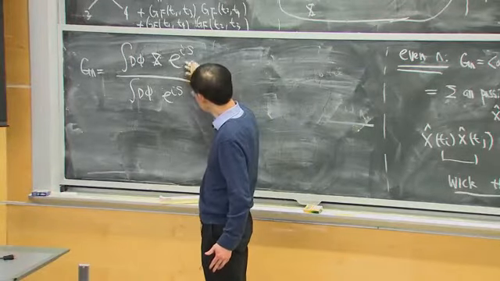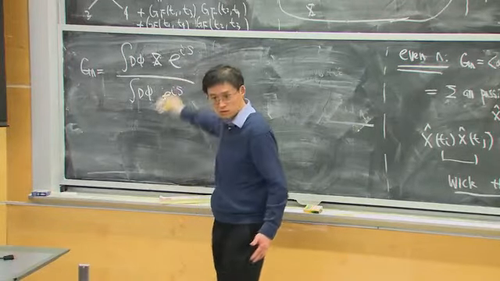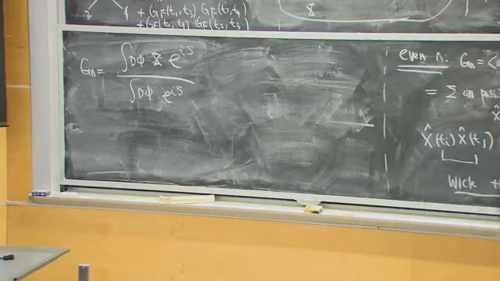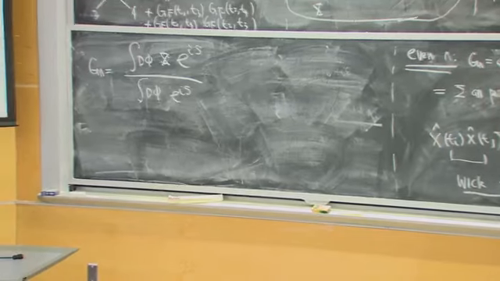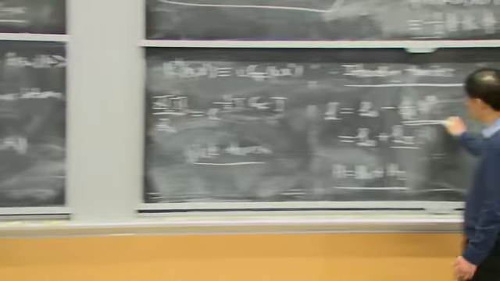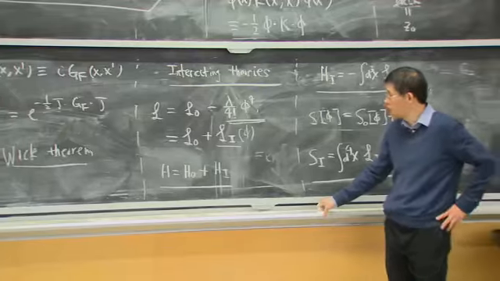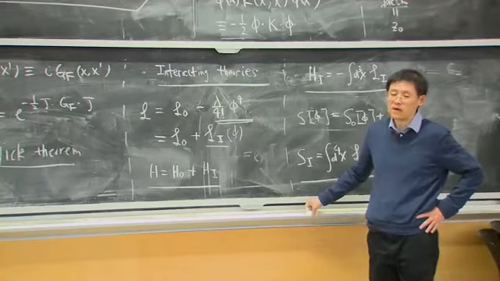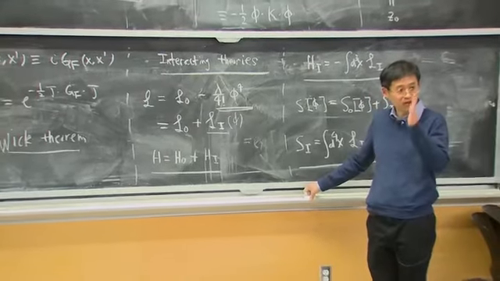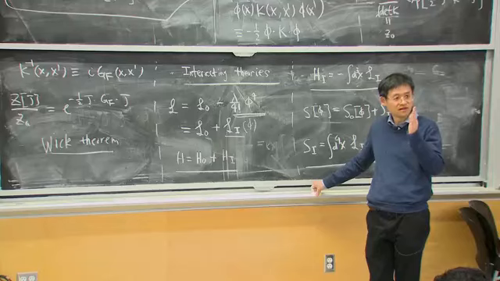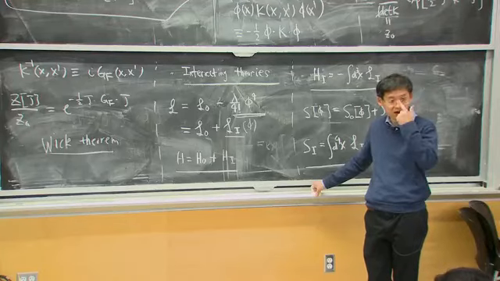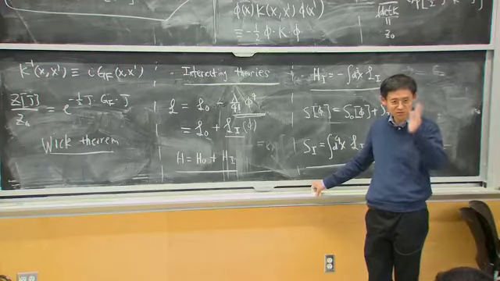These path integrals are not doable, because once you have these non-polynomial, non-quadratic terms, we don't know how to do the integral, even for a one-dimensional integral, not to mention the path integral.